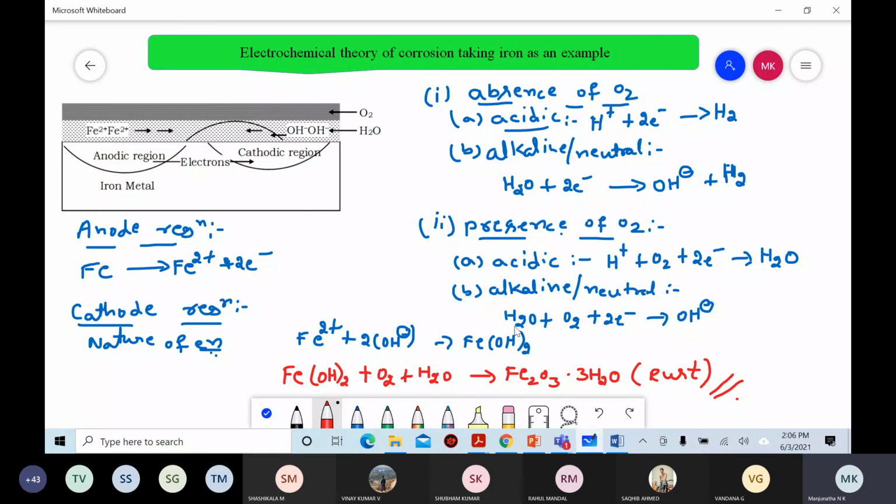This iron hydroxide layer is unstable in nature, meaning it has the ability to undergo further reaction. Therefore, that iron hydroxide layer reacts with oxygen and moisture, forming a hydrated ferric oxide layer. So, this hydrated ferric oxide layer indicates the rust.